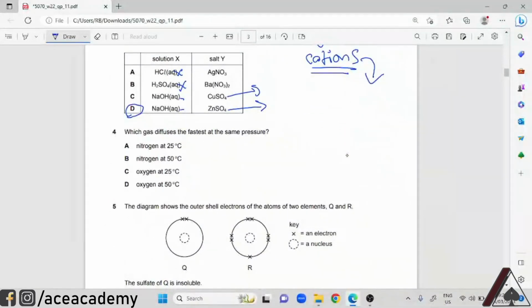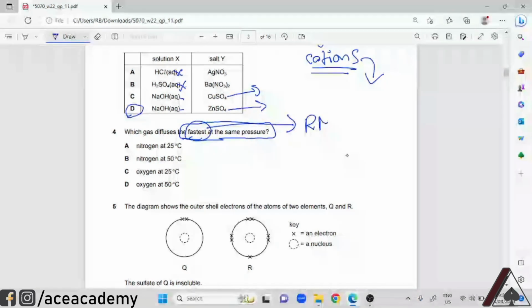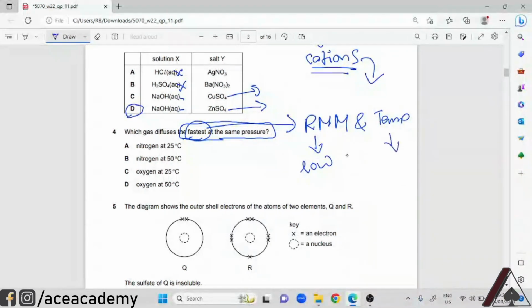Question number 4 says, which gas diffuses the fastest at the same pressure? For a gas to diffuse fast, we have to note two things. First of all, its RMM, and secondly, the temperature. The RMM has to be as low as possible, and the temperature has to be as high as possible.